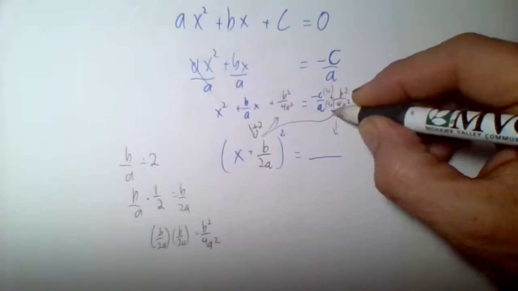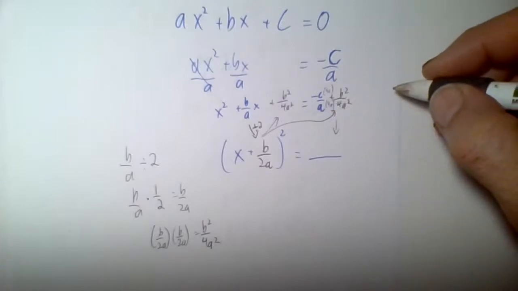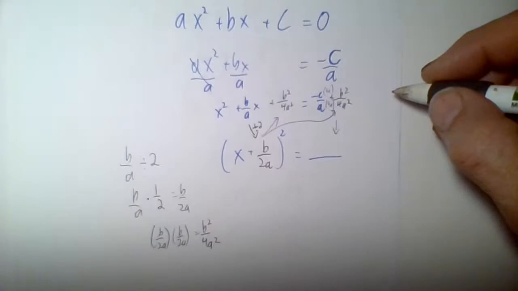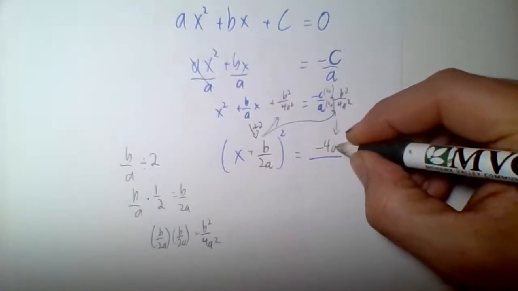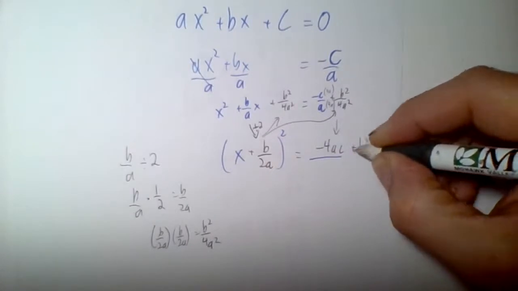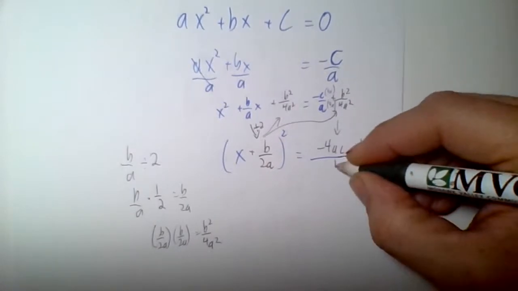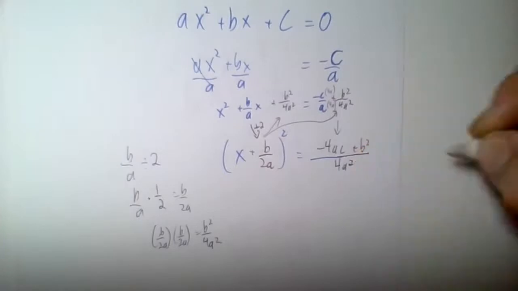I'm going to squeeze it in here because I didn't leave myself a lot of room. But it looks like my camera actually felt like focusing a little bit today. So that's good. Multiplying by 4a on that, I got negative 4ac plus b squared over 4a squared. That's my number. That's the crazy looking number that you end up with on that side.